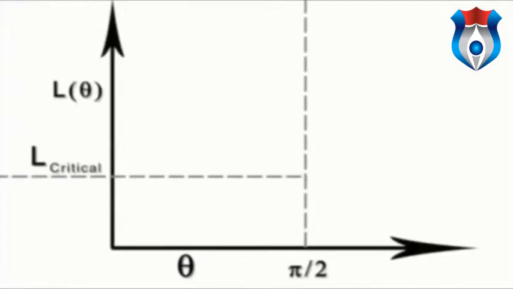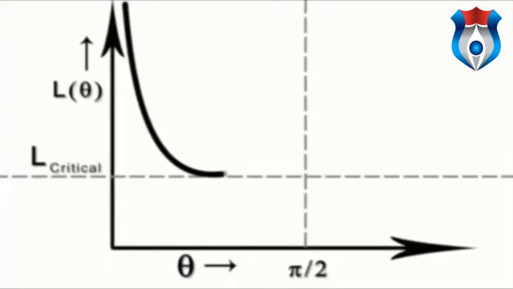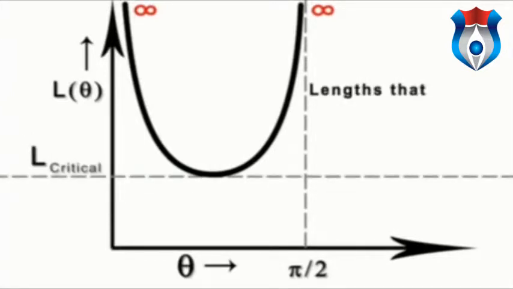Now here the question is tricking us, so pay attention. The total length of the pipe becomes infinity at both 0 and pi by 2. There is an angle that will minimize the total length of the rod and make it fit into the turn. Actually, all the lengths which we are getting here are the lengths of the rod that don't fit into the turn.